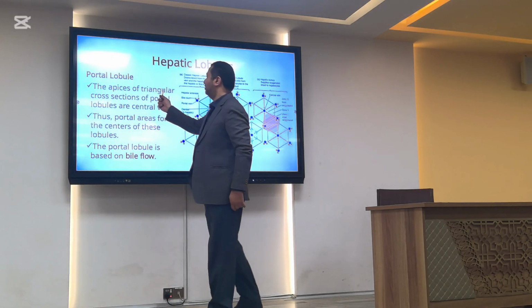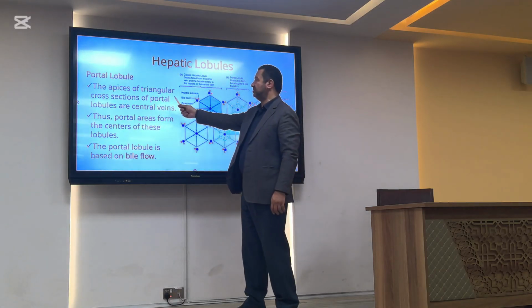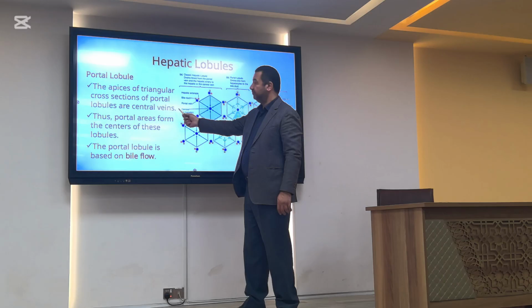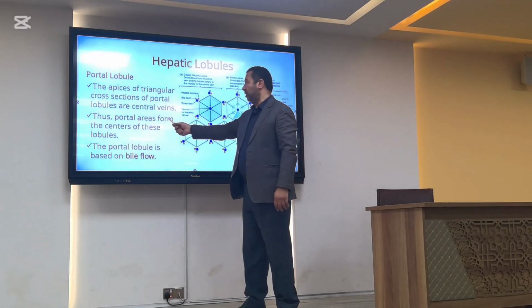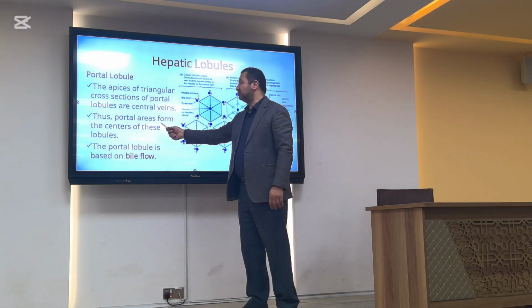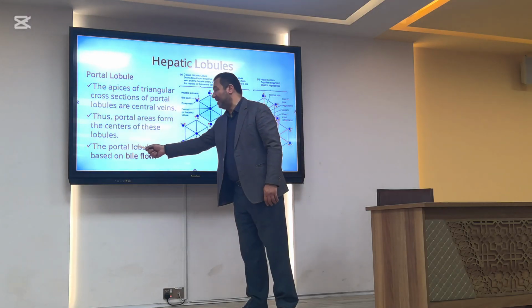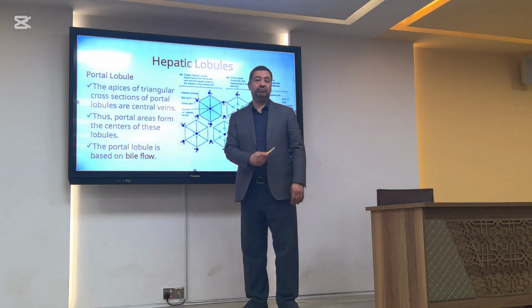The pieces of triangular cross sections of the portal lobules are central veins. Thus, portal areas form the center of these lobules. The portal lobule is based on bile fluid.